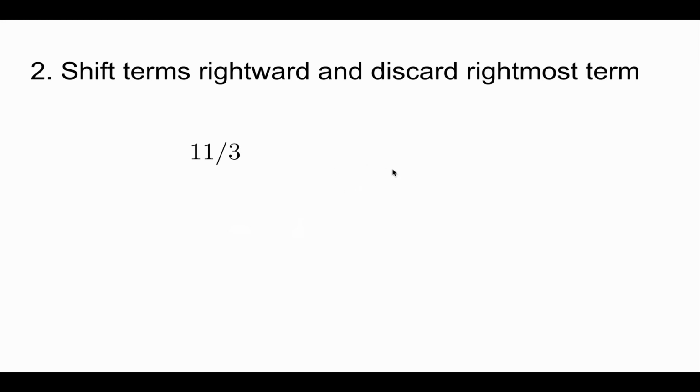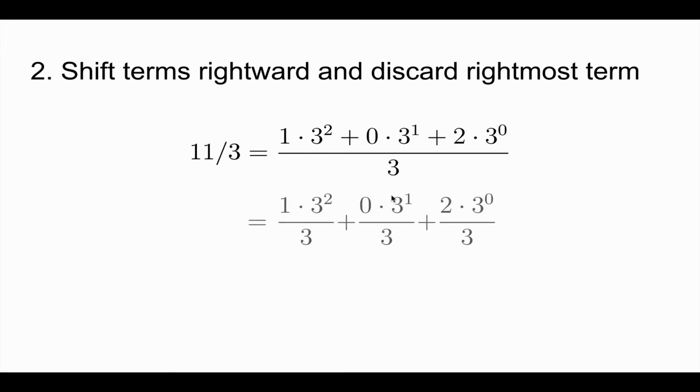Now, how do we shift those terms downward and discard the right term? Well, we can just use division, actually, and let's see how that works. So let's take 11, and recall again, we can write it out in this way. If we divide it by 3, then we can distribute the division over this addition up top and rewrite that expression as the sum of three divisions.